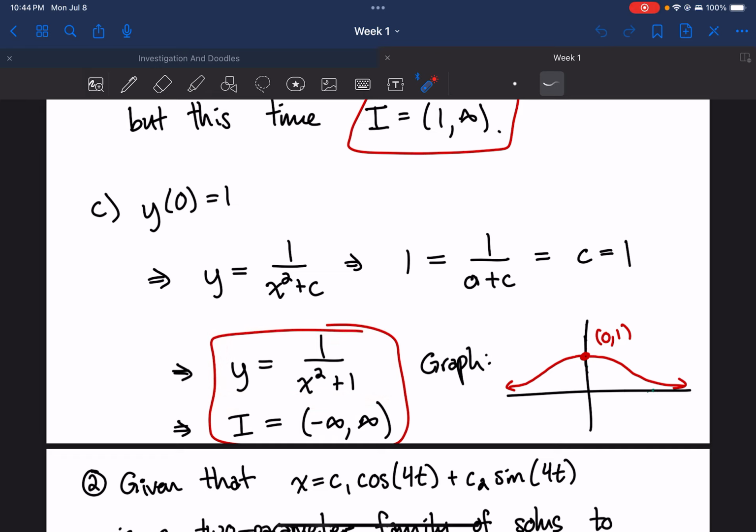And if you don't know how to graph this, you should go look up how to graph a rational function again. They're going to be showing up a lot. But the short story is that the graph looks like this, right? This is the graph. And since this is differentiable everywhere, we can take the entire real line as the interval of definition for this solution.